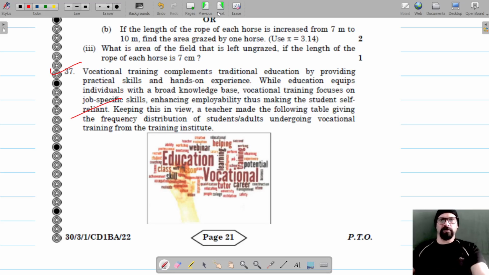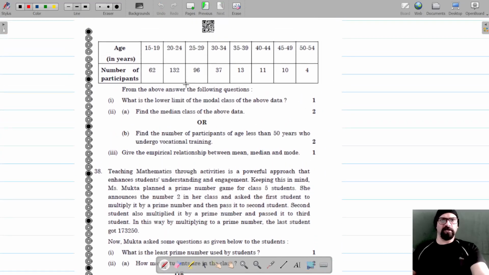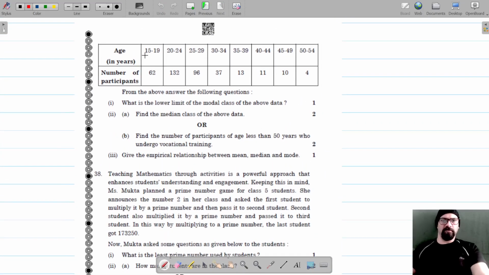There is data made by the teacher about the frequency distribution of adults undergoing vocational training at a training institute. This data is not continuous, because 15 to 19, 20 to 24 are not continuous class intervals, and we have to find the lower limit of the modal class and the median class of the above data.